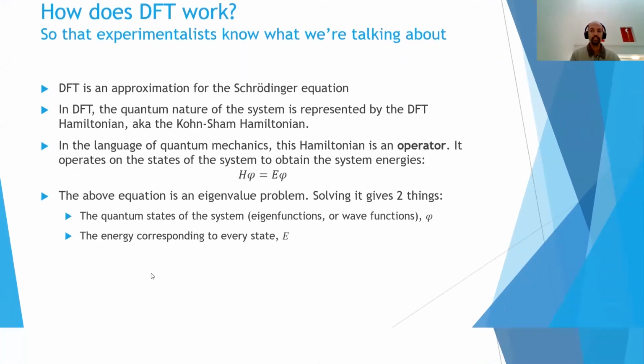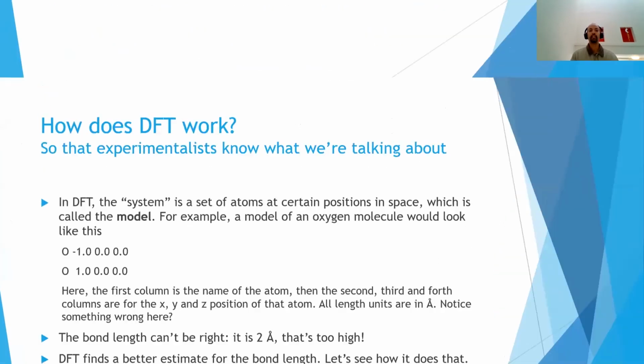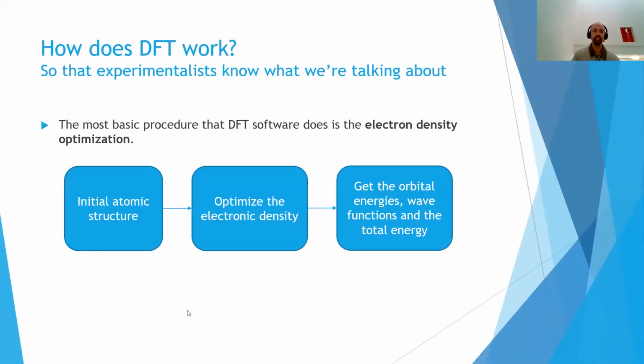All of this in terms of the electron density. So to get the electron density, the DFT workflow would go like this. Initial atomic structure, like I showed in the earlier slide, the positions of the atoms, optimize the electron density, and from the electron density get the orbital energies, the energy corresponding to each state, and the wave functions, or the states, right?